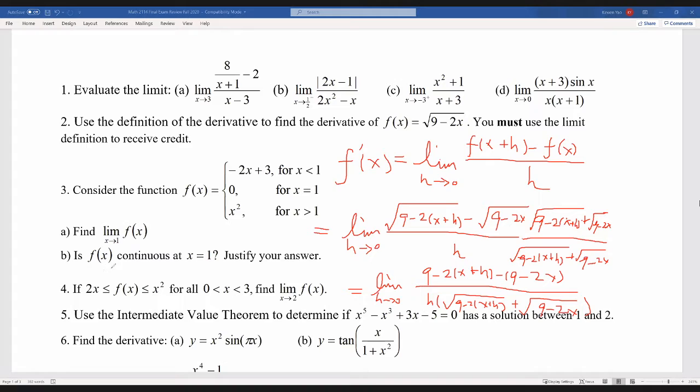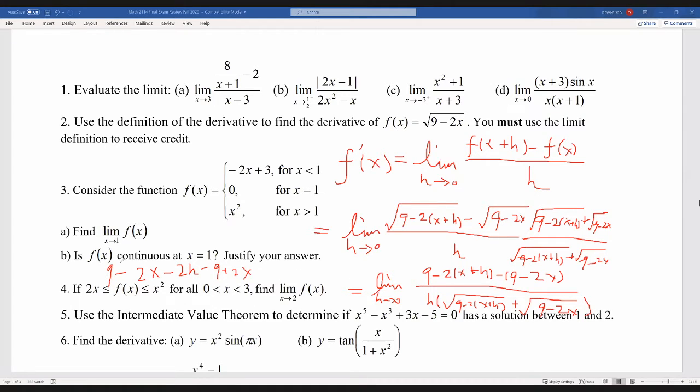So let me write down here: 9 minus 2x minus 2h, and minus 9 plus 2x.